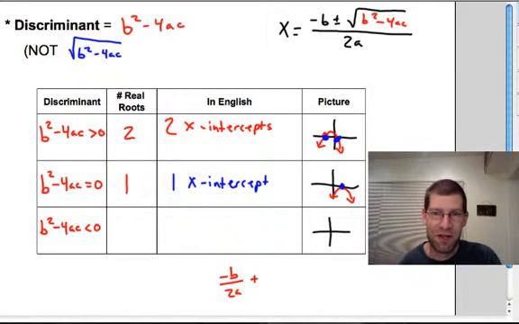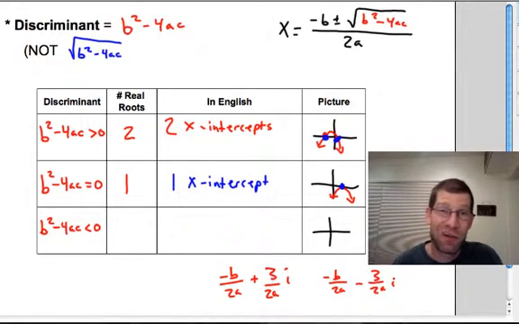And then you'd have plus a certain number of i once you apply the radicals. Maybe we'll say 3i. But then you divide the 3 by 2a. So that would be one solution. The other solution then would be negative b over 2a minus 3i over 2a.